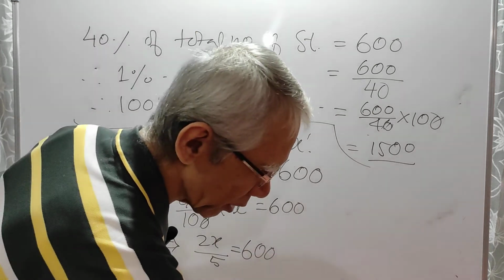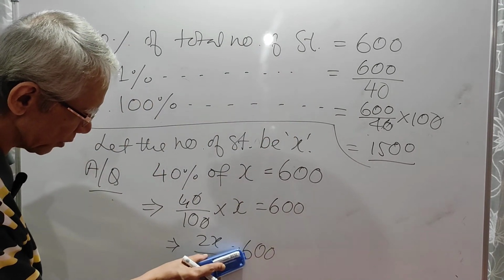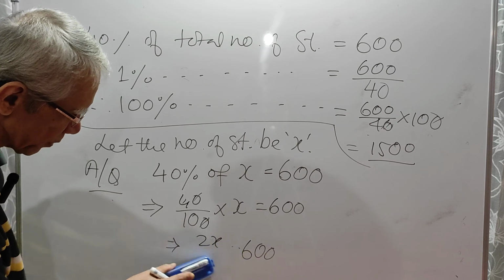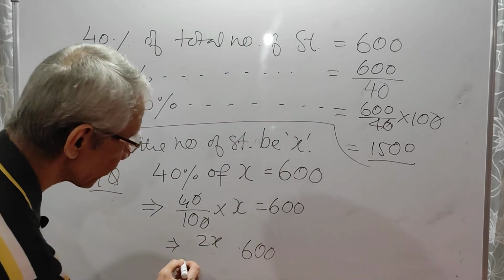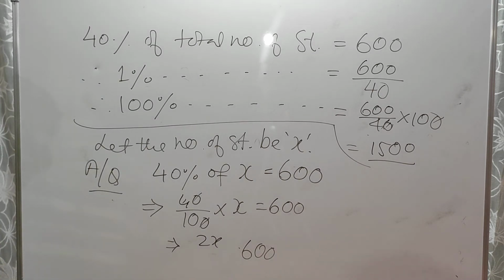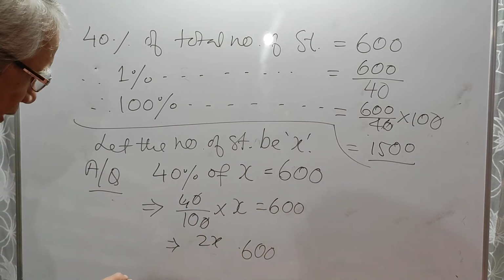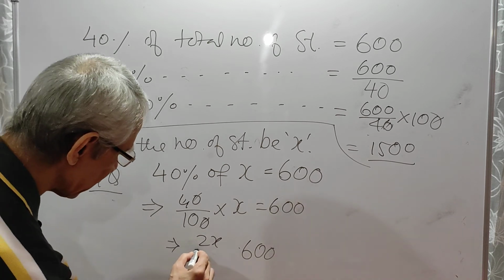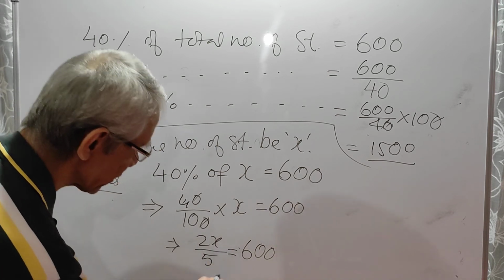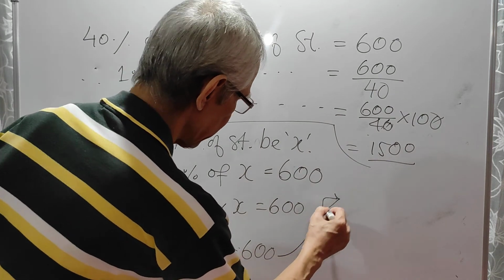So those who have done equations will know this is a way to do it, isn't it? 2x by 5 equal to 600.